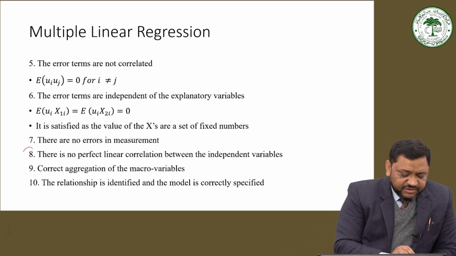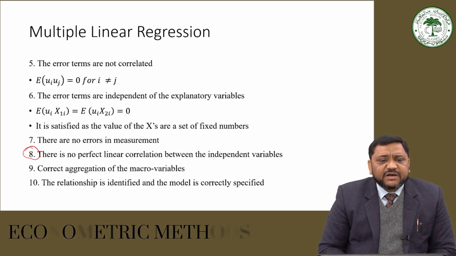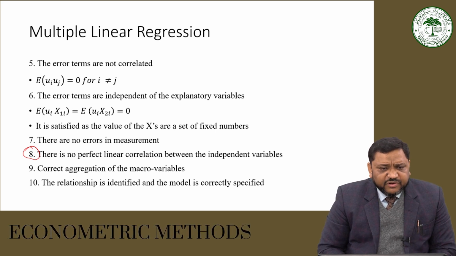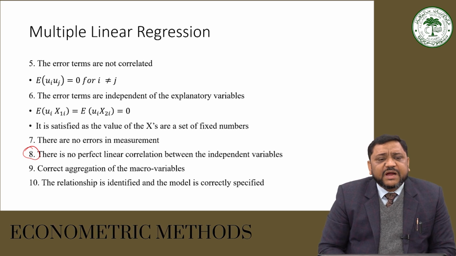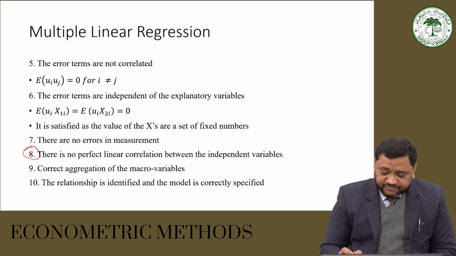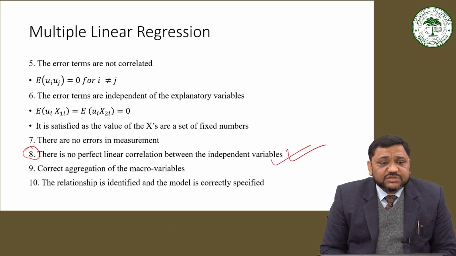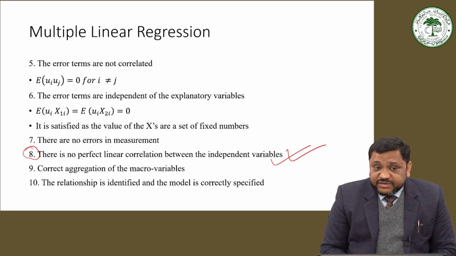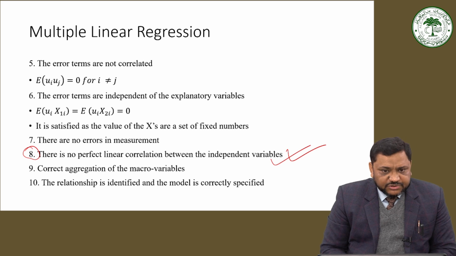At the moment I just leave assumption 8, and then I jump to assumption number 9, that is, we assume that there is a correct aggregation of the macroeconomic variables, and we have also assumed that the relationship is identified and the model is correctly specified. Now we move to this one, which is an addition. It says there is no perfect linear correlation between the independent variables.